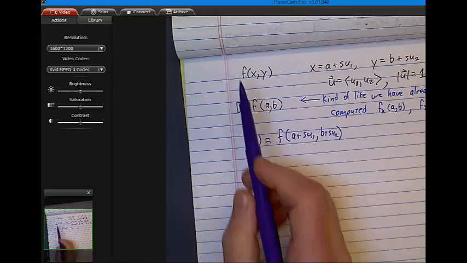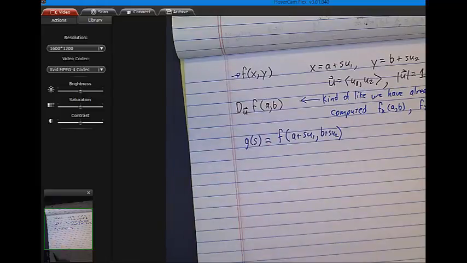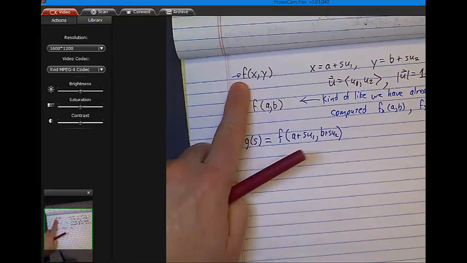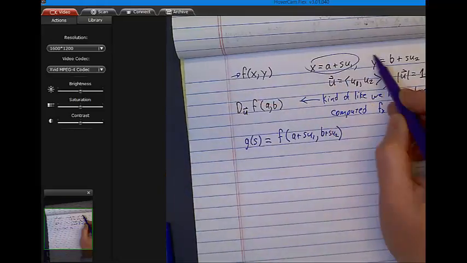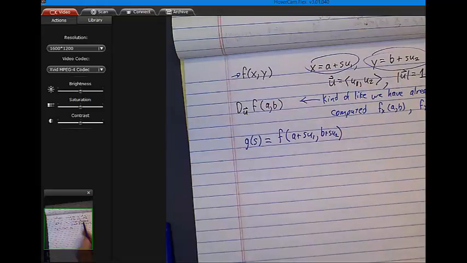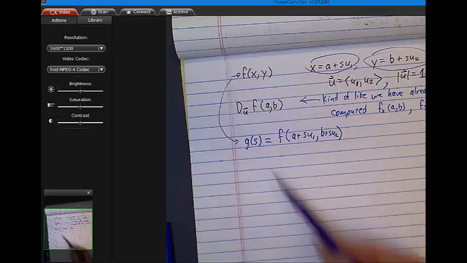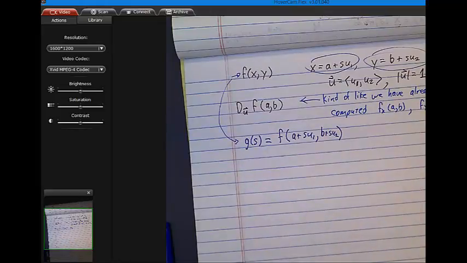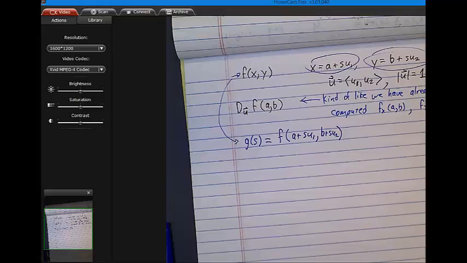So we're basically taking the function f. What is this? This is a Calc 3 function, because it's a function of 2 variables. But since x and y are both functions of s, we can rewrite that as just g of s. Okay? And so now I'm going to take the derivative of s.